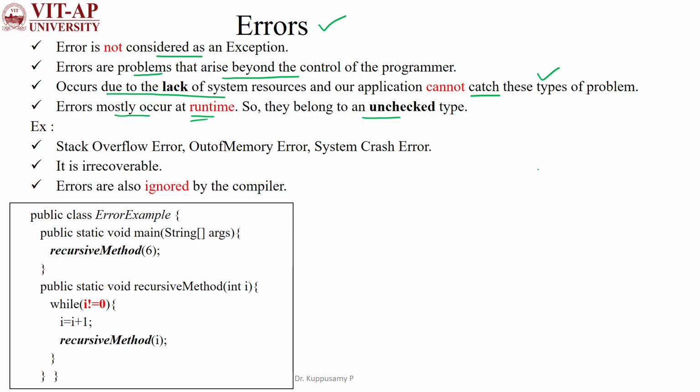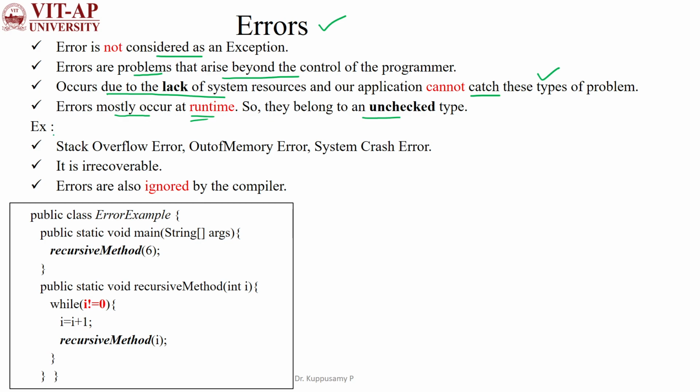Whenever we get an exception during compilation time, that is called a checked exception. If it is raised during runtime, that is called an unchecked exception. Likewise, if errors occur during compilation time, they are called compilation time errors. If errors are raised during runtime, they are called runtime errors.